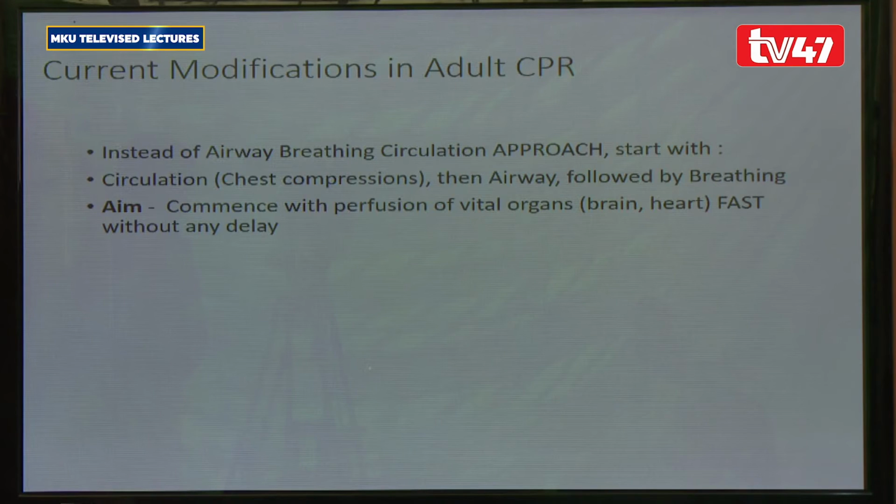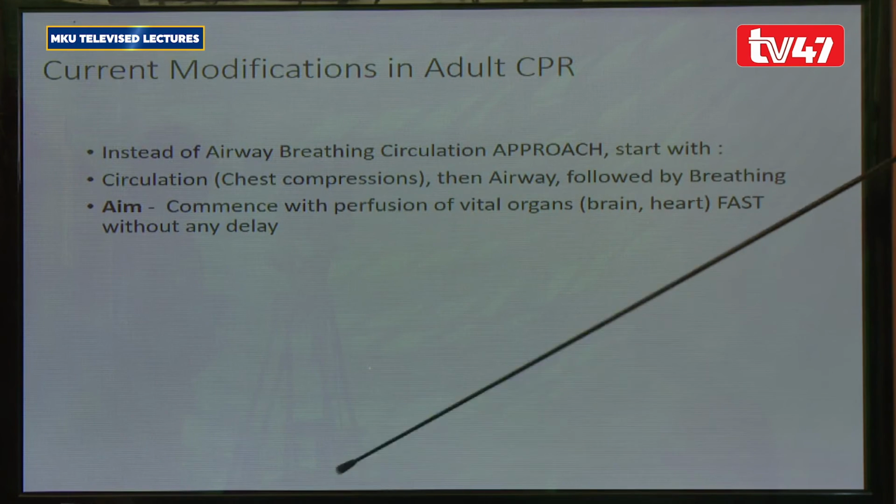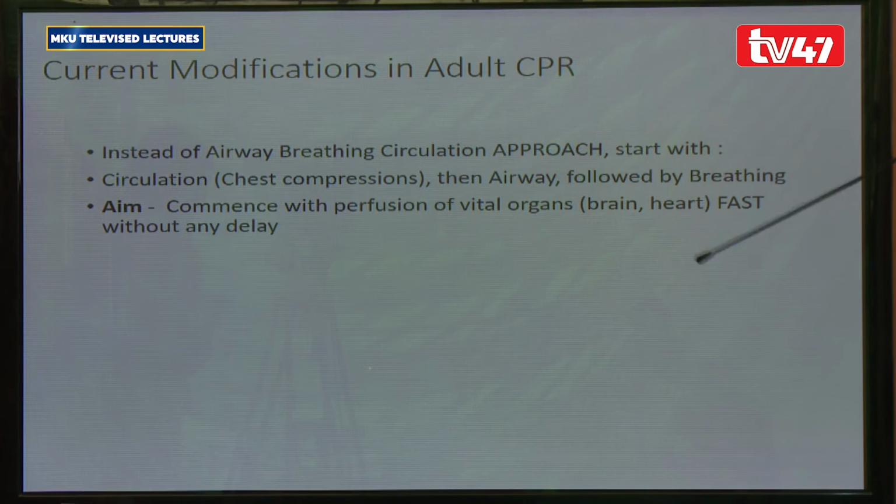Modifications to the current approach. Remember, ABCs is what you've gone through. Airway, breathing, circulation. This is what I mentioned earlier. There are modifications. Instead of beginning with the airway, breathing, circulation approach, begin with circulation first, chest compressions, then the airway, followed by breathing. Right? What is the aim of this? Circulation, very important. Ensure that there's perfusion of vital organs, that is the brain and the heart.